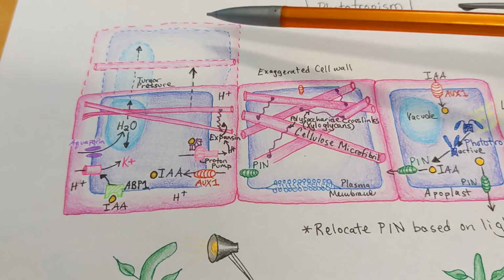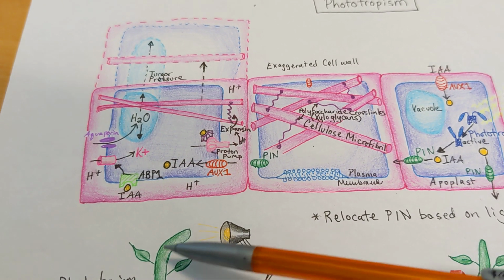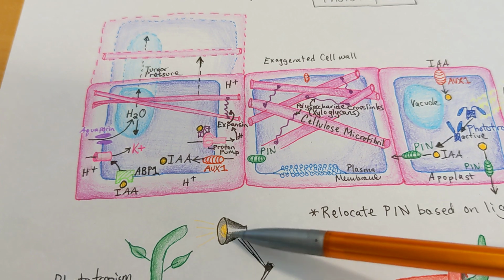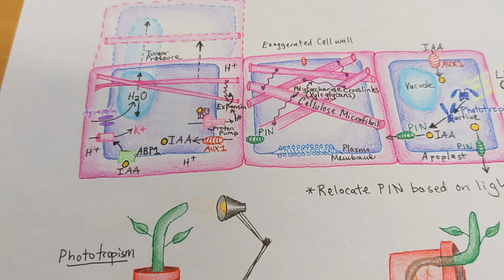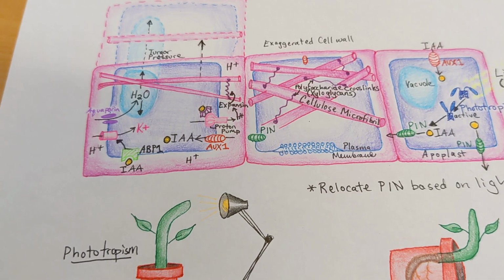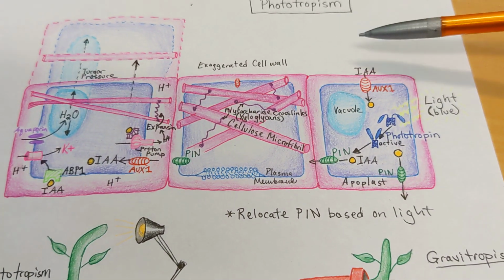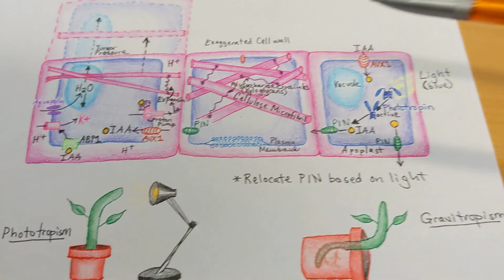And so these longer cells are going to ultimately push the stem towards the light source so that more can receive the light and therefore photosynthesize. And so this, again, is the process of phototropism. Ultimately, auxin usually goes from the tip of the plant and descends down the stem.